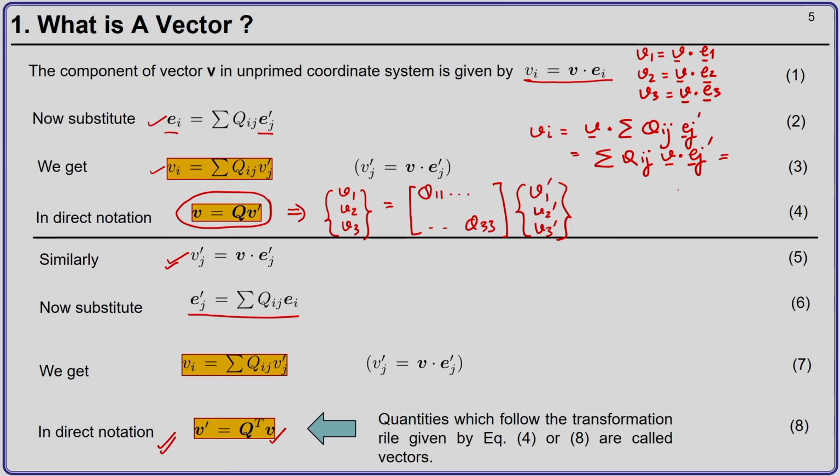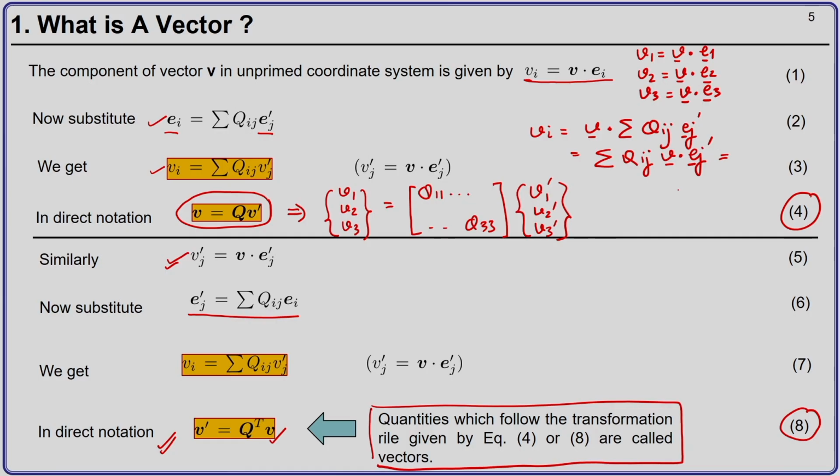So, a very important thing to note is that quantities which follow the transformation rule given by equation 4 and equation 8 are called vectors.